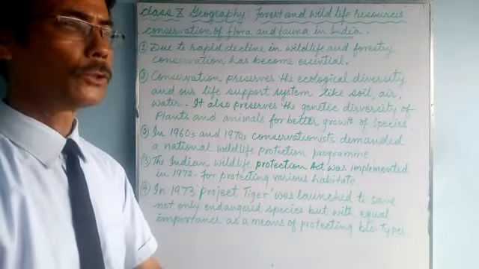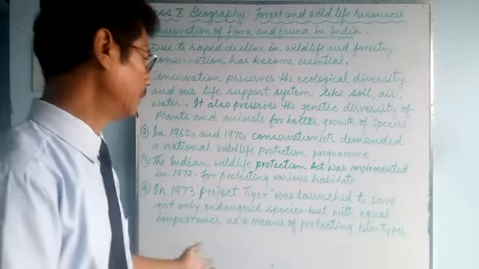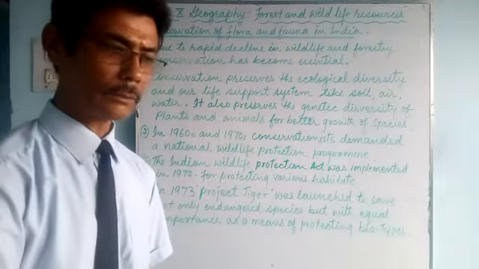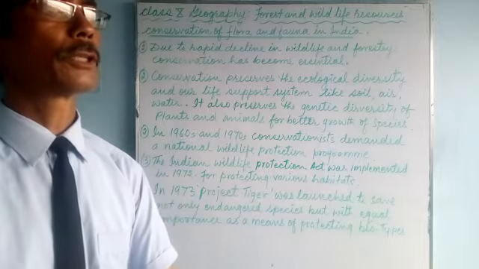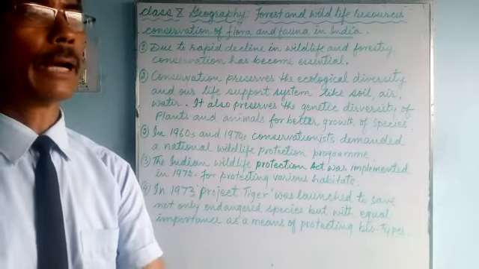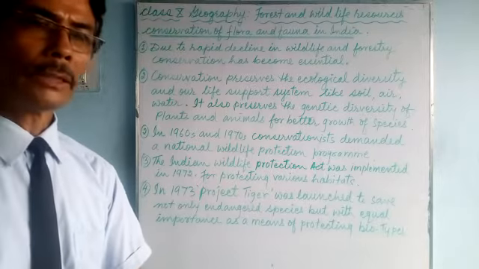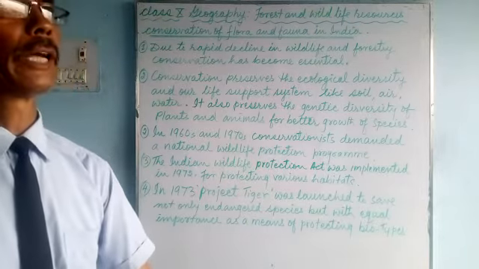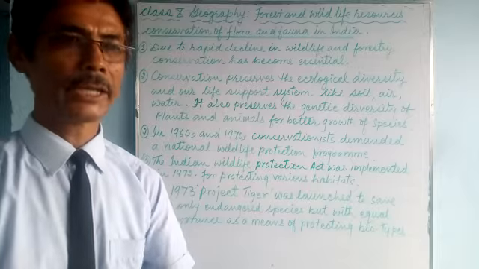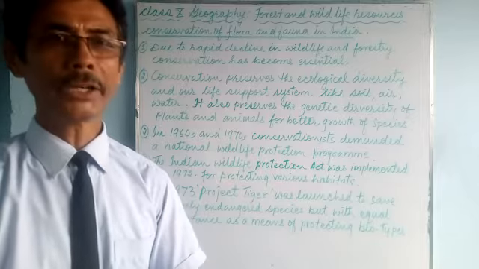In our next class we will talk about the various names of biosphere reserves and national parks. We'll continue our lesson in geography about forest and wildlife resources, and talk about various national reserves and national parks, and what their importance is. At a national park, people will go there and learn about the habitat, about how plants and animals coexist, and many researchers go there and learn about wildlife.